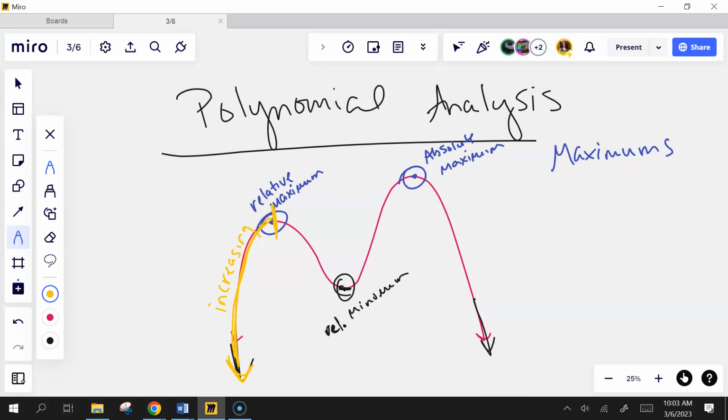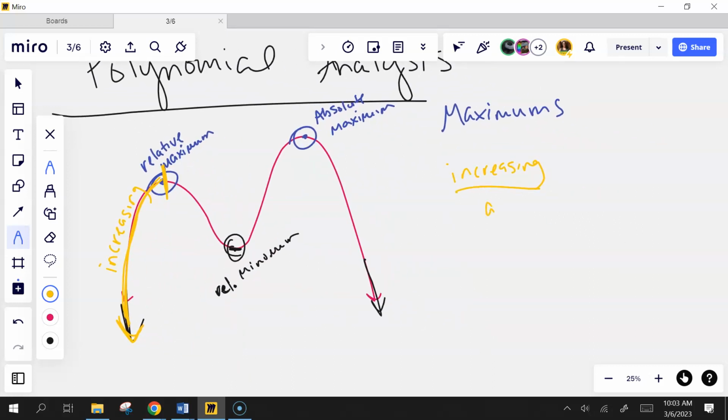So increasing just means as you move left to right, the graph is going up.